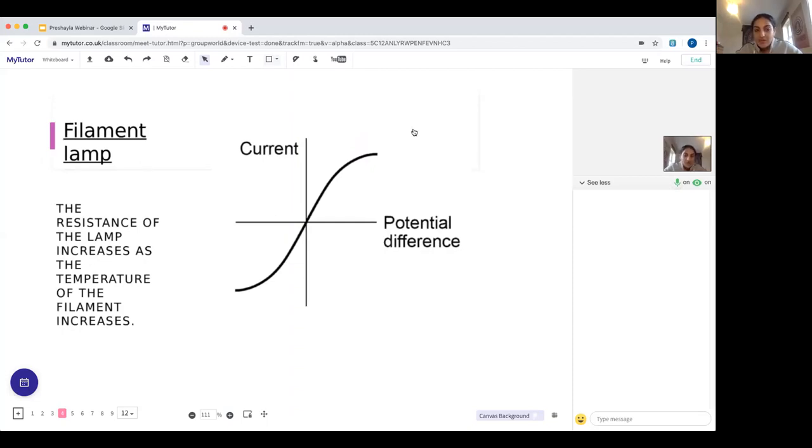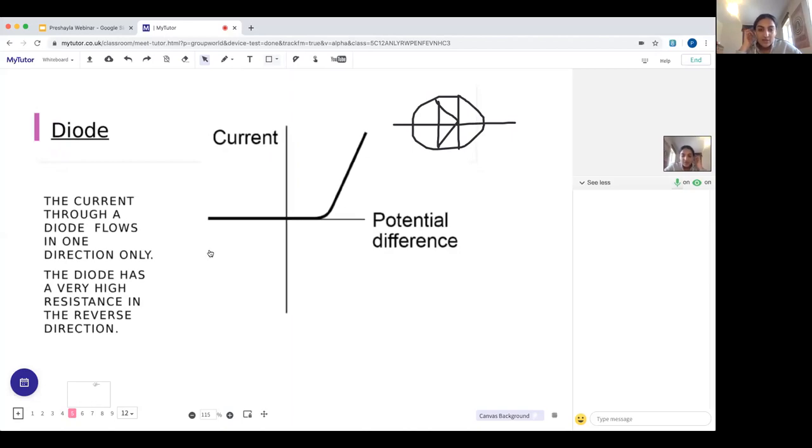So it looks like this S shape when we have I on the y-axis and V on the x-axis. For a diode, it looks like this. So diodes mean that current is only allowed through in one direction.